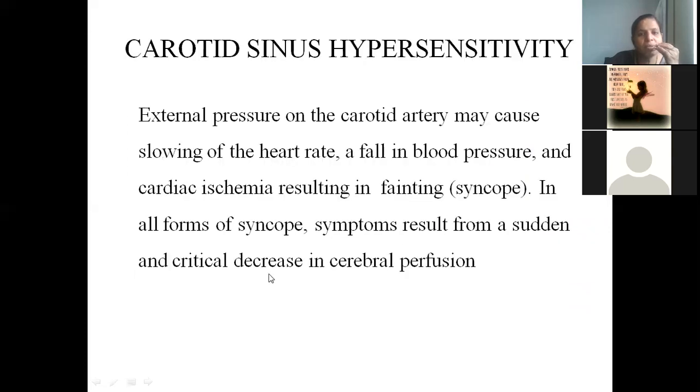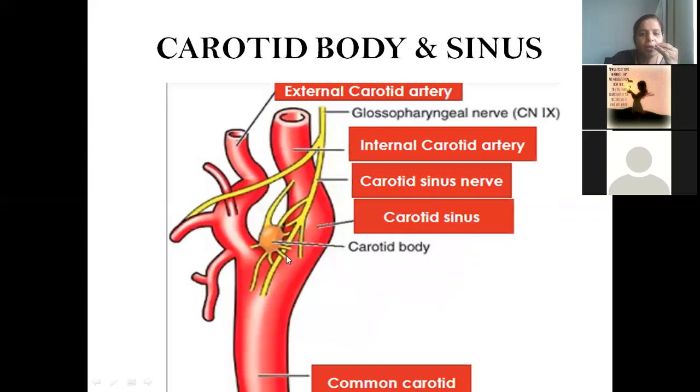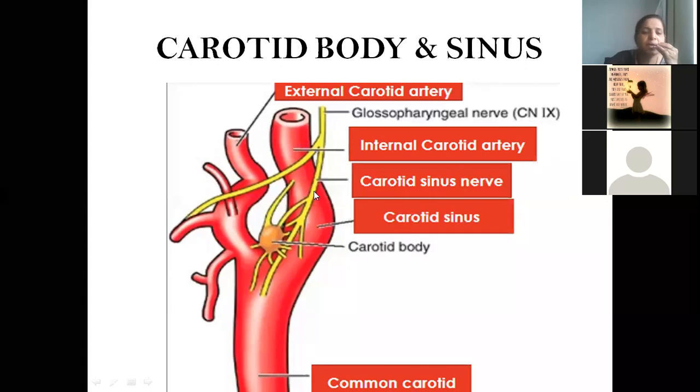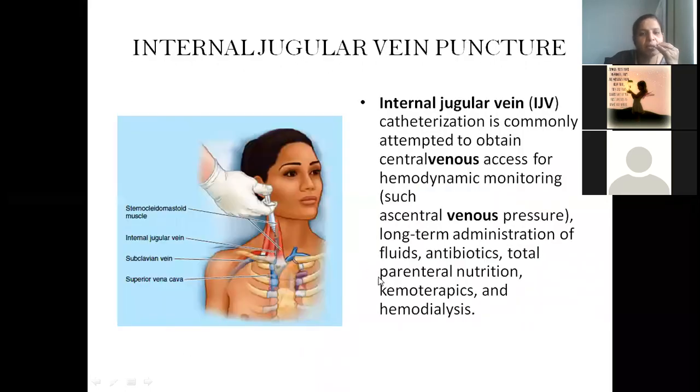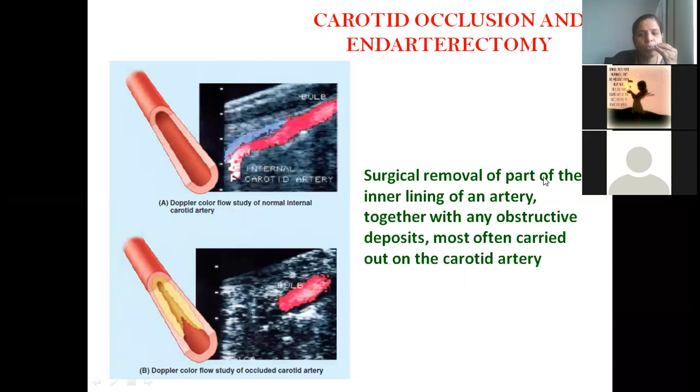The carotid pulse, the carotid body, and the glossopharyngeal and vagus nerves carry the information. For any puncture, also this area. Surgical removal of a part of the inner lining of an artery, if there is any deposit like atherosclerosis or arteriosclerosis, we can choose this area, the carotid artery.